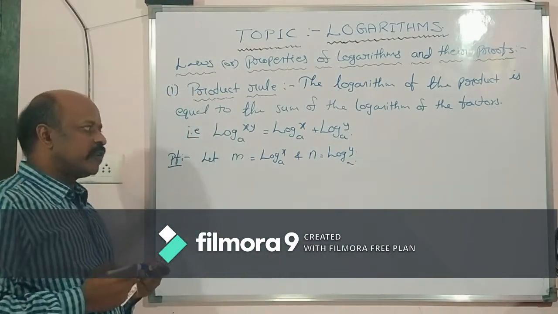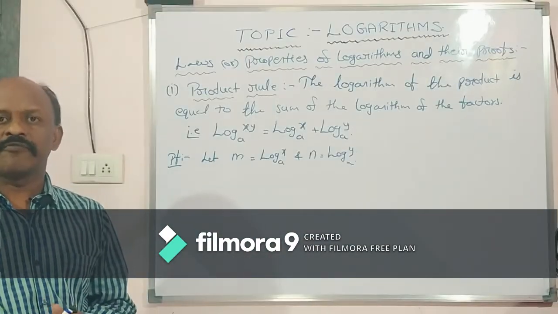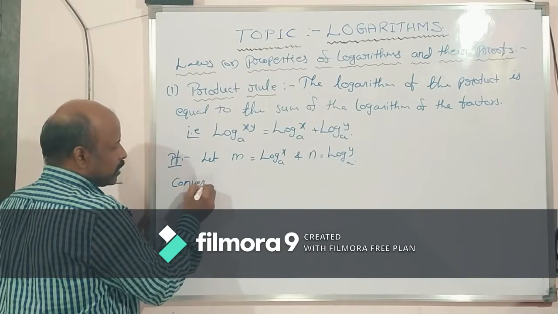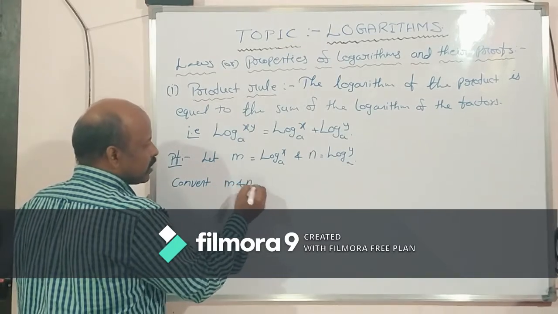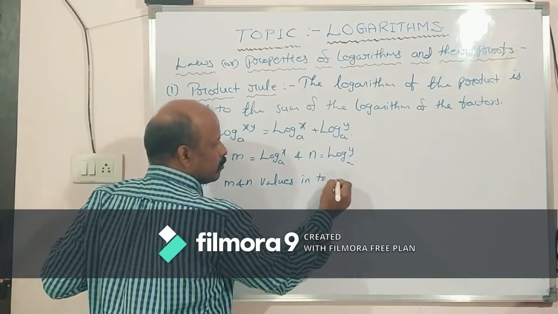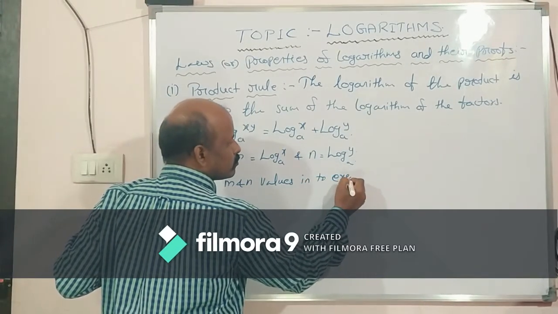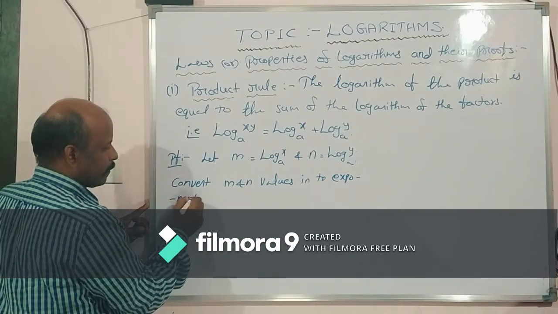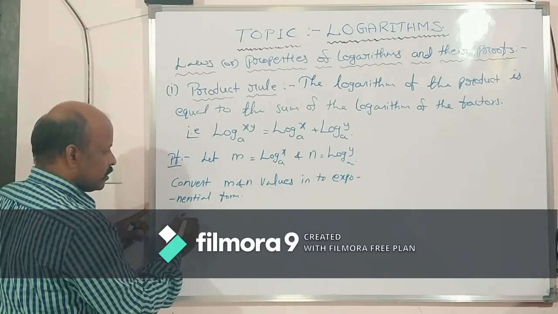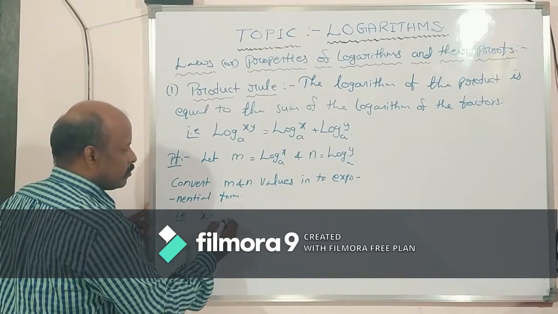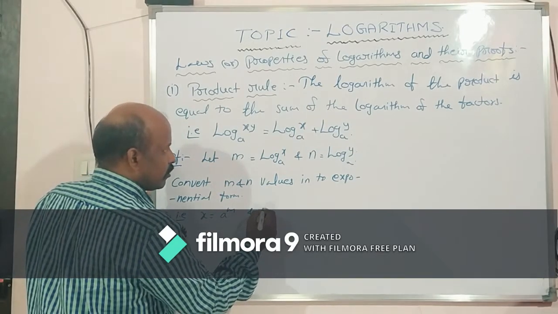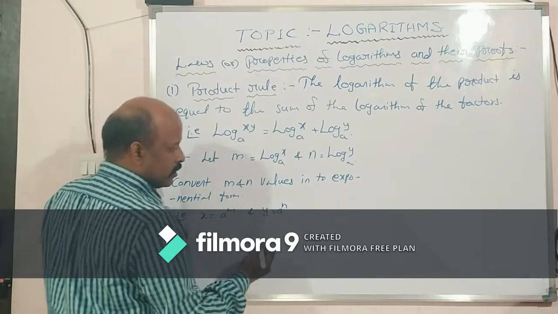So these two m and n values I am going to write in the form of exponential form. Now I am going to convert m and n values into exponential form. That is, x is equal to a power m and y is equal to a power n.